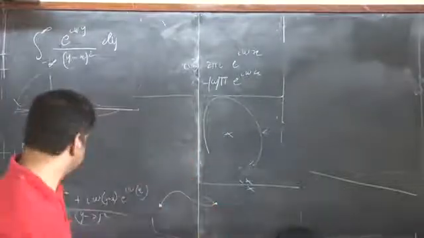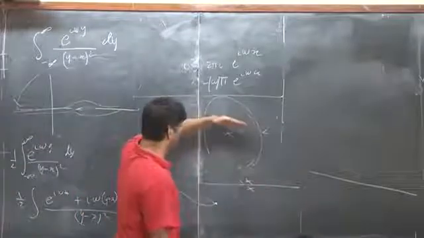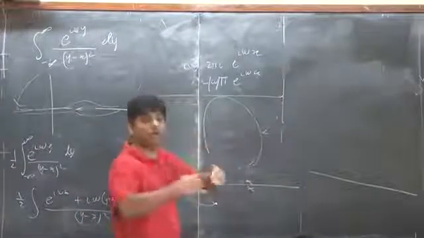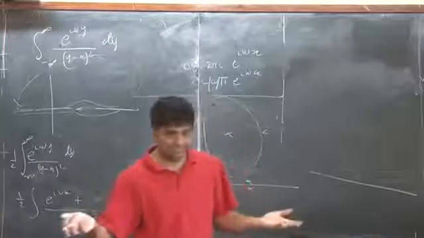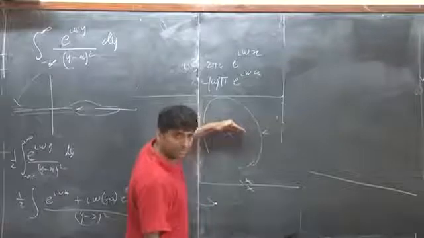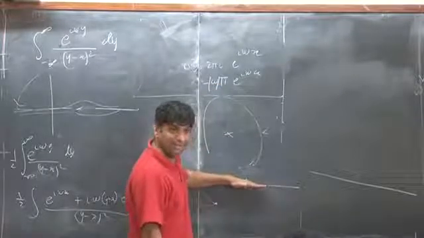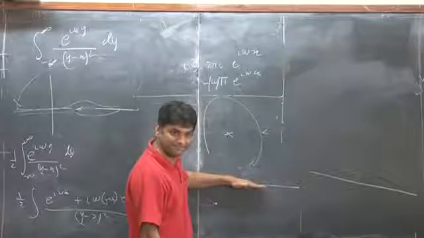You can only deform the contour over a region where the function is analytic. So you're allowed to deform the contour through regions of analyticity, but you're not allowed to deform the contour through any singularity.